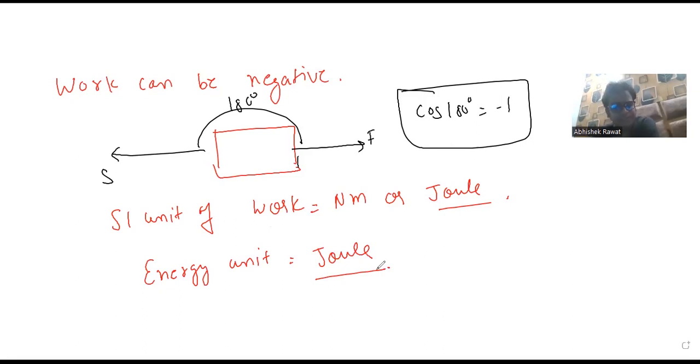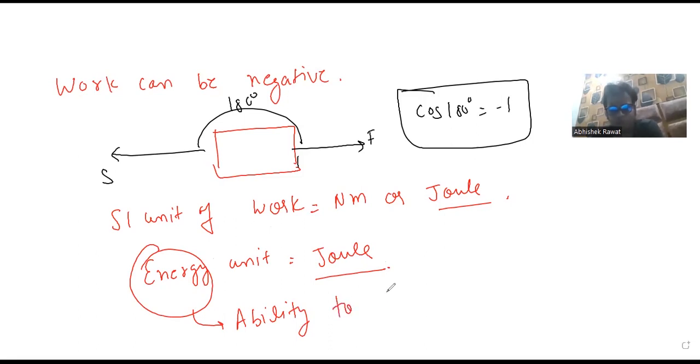Energy is the ability to do work, or we can say it's the ability to do a certain work.